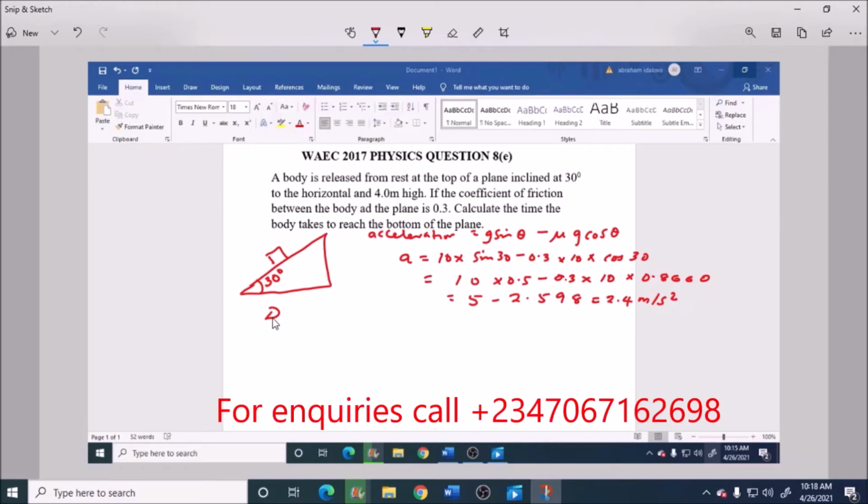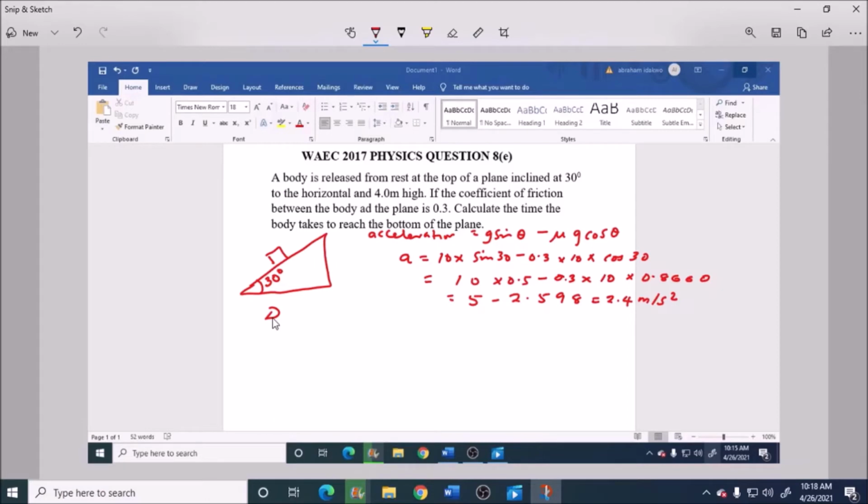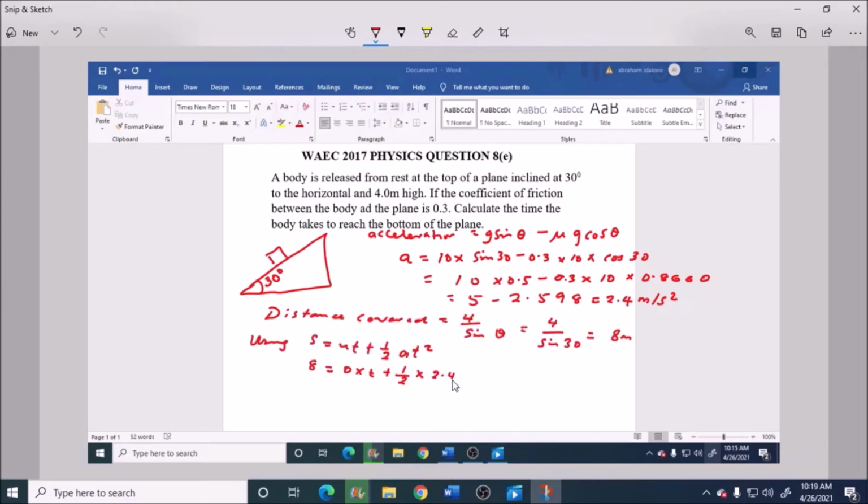Okay, so using S equals UT plus half AT squared, we have 8 equals 0 times T plus 1 over 2 times acceleration, which is 2.4, we got that earlier, times T squared. This is 8 equal to 1 over 2 times 2.4 T squared.